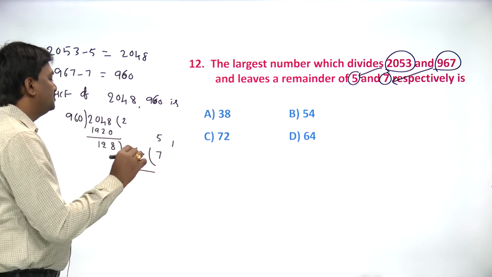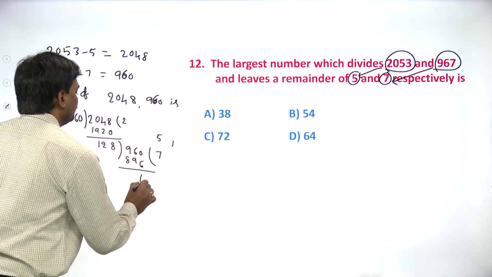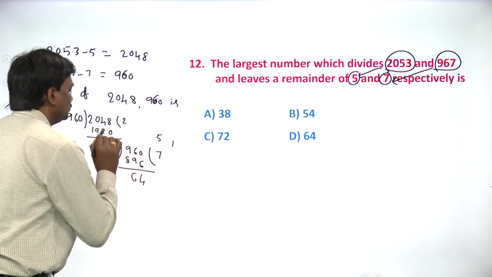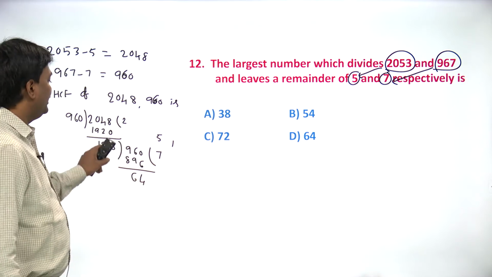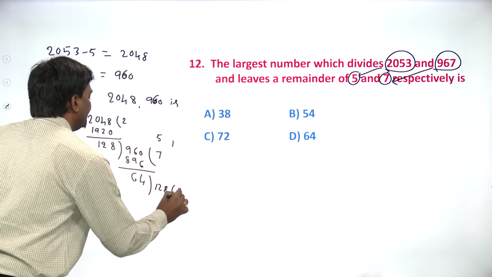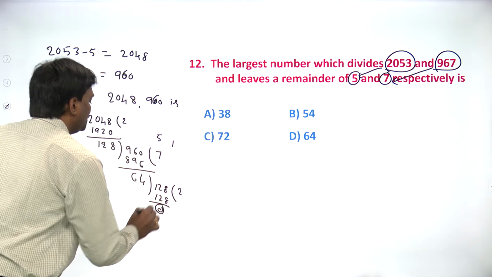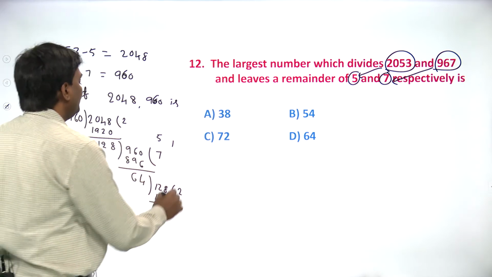So 960 minus 896 is 64. Now by dividing 128 by 64 exactly, 2 times 64 is 128, so the remainder is 0. So that's why HCF is 64.